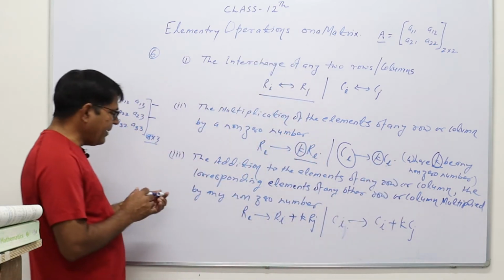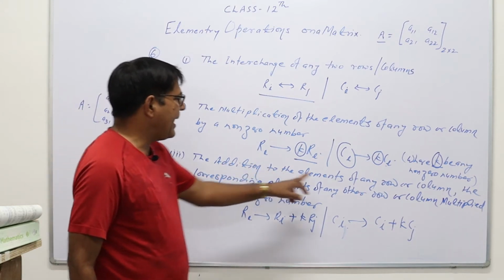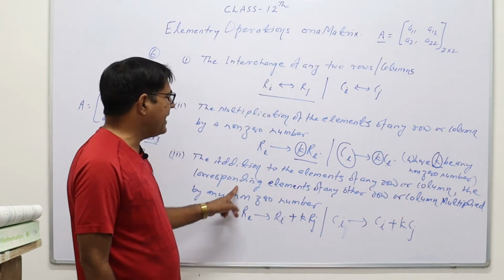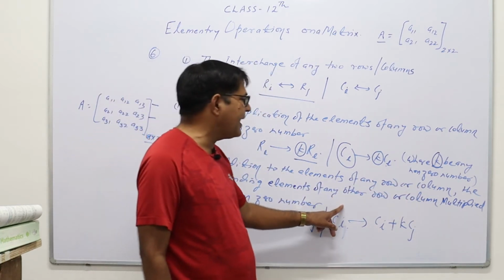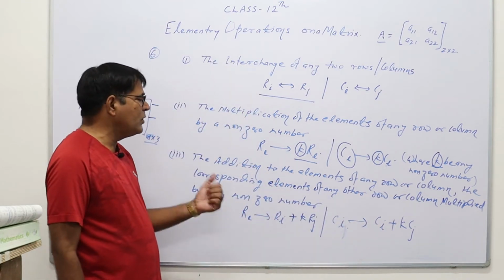Then the third elementary operation is the addition to the elements of any row or column of the corresponding elements of any other row or column multiplied by any non-zero number.